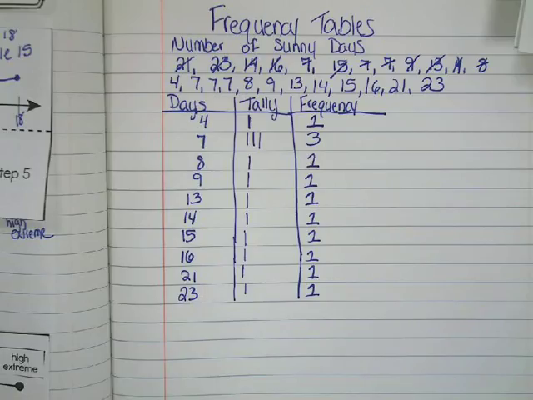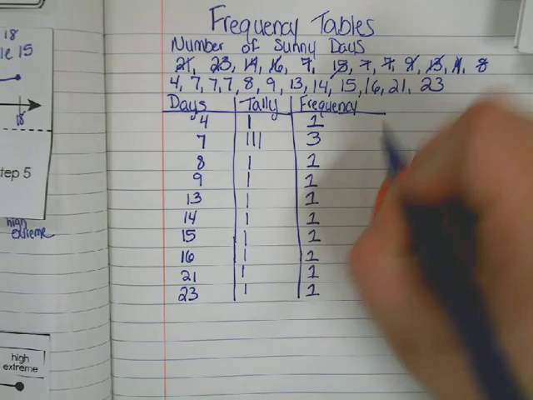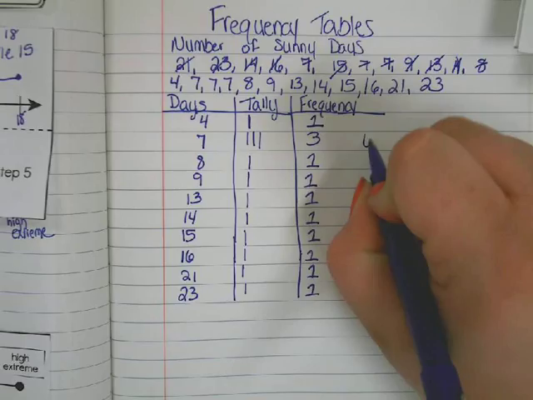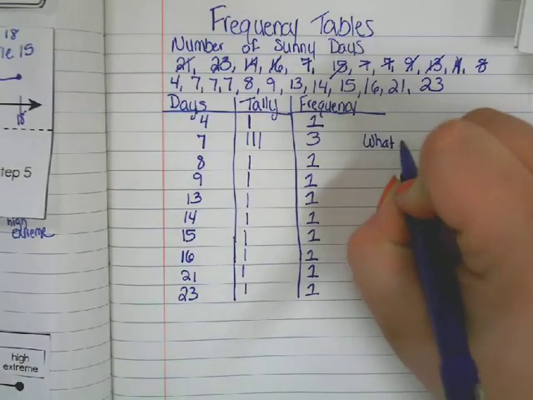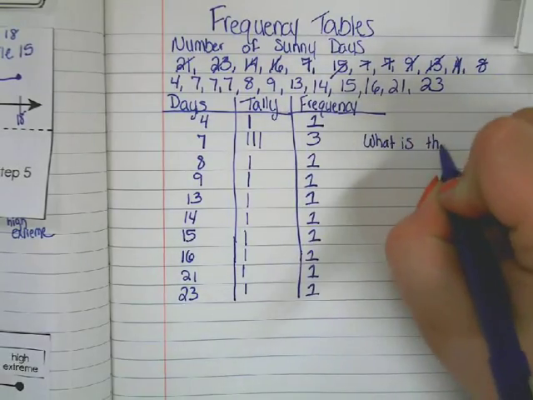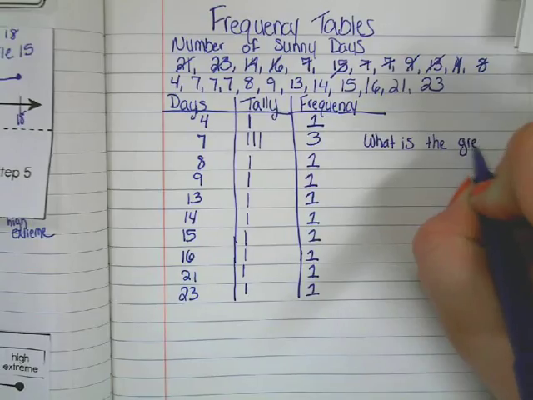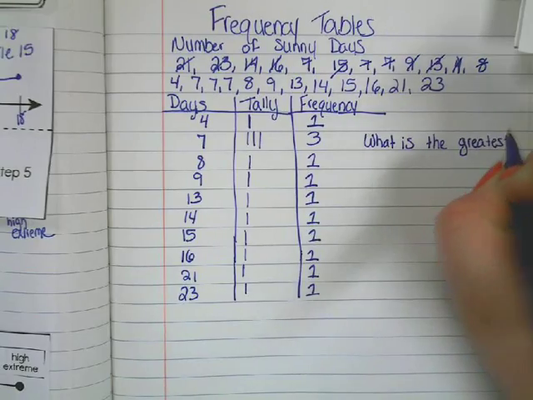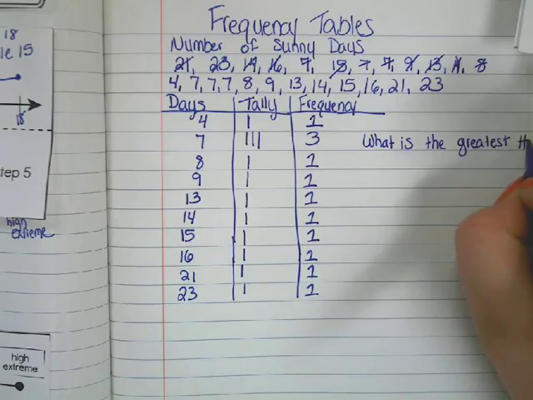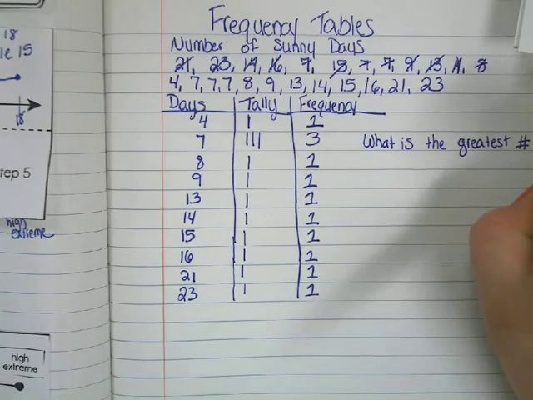And sometimes they may ask you questions on the frequency table. So the first question we're going to look at: what is the greatest number, and I'm going to abbreviate, of sunny days?